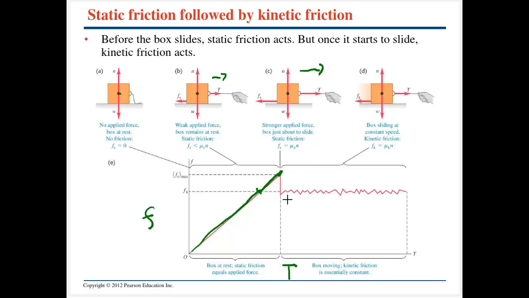At some point it breaks free, and we have the maximum value for the static friction. The kinetic friction, because mu sub k is always smaller, is going to be less. The amount of force that we need to overcome friction is going to be less than the maximum value of static friction.